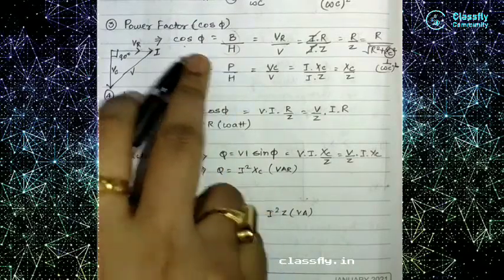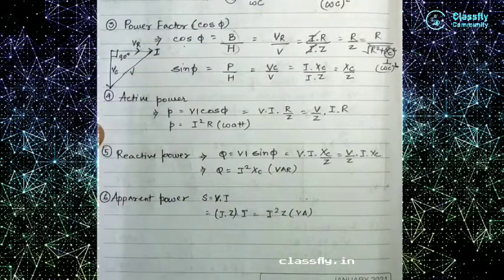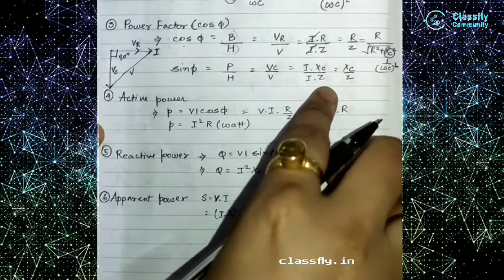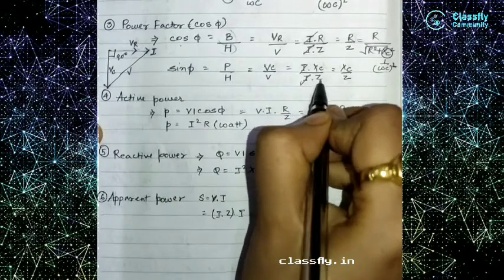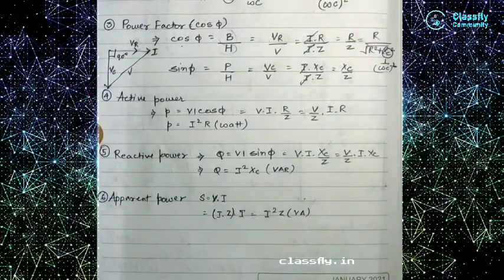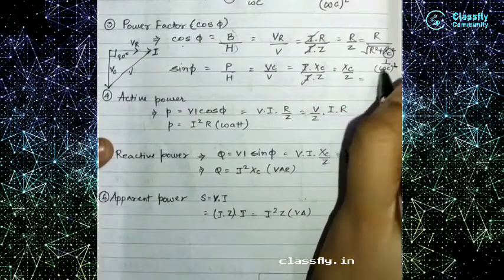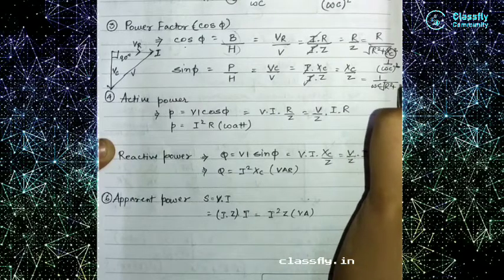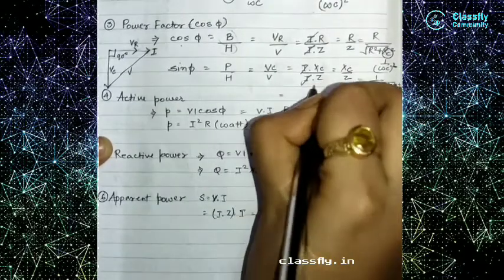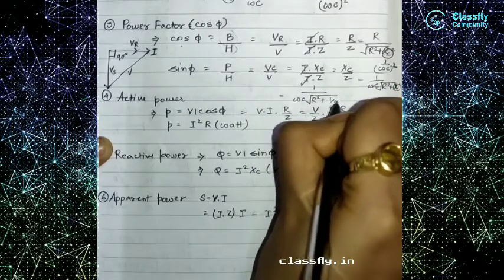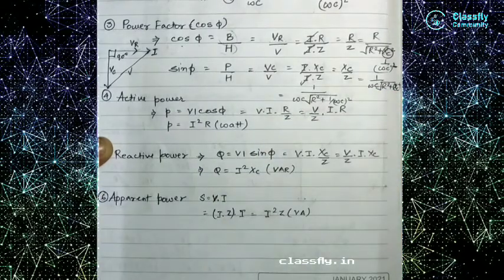So our perpendicular is VC and our hypotenuse is V. So our VC is I dot XC and V is I dot Z. So I gets cut and we are left with XC by Z. So we will write XC by Z. Similarly, you can write this as 1 by omega C root under R square plus XC square, and this can be again written as 1 by omega C root under R square plus 1 by omega C square. Like this you can write.